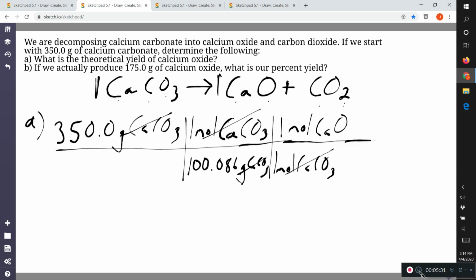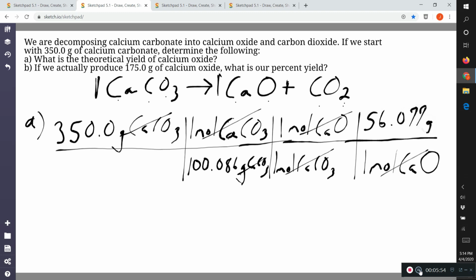And finally, we do not want moles of calcium oxide, we want grams of calcium oxide. So 1 mole of calcium oxide, and again this is a molar mass, so I have to get on my periodic table and add up 1 calcium plus 1 oxygen, and we get 56.077 grams of calcium oxide.